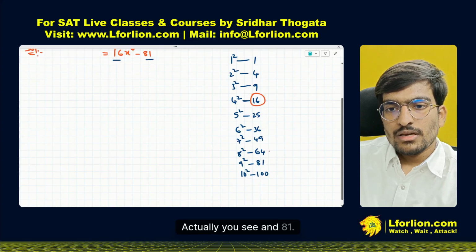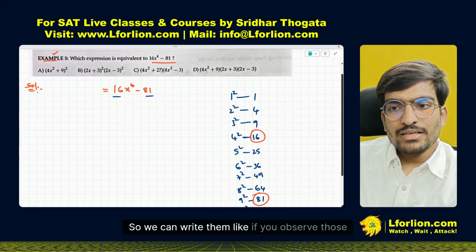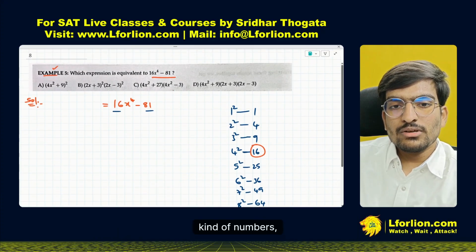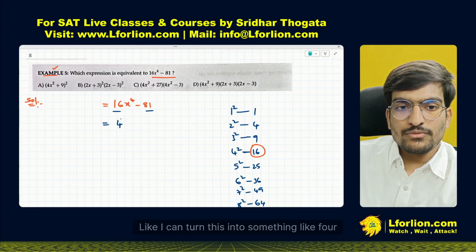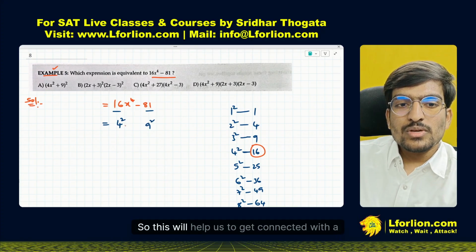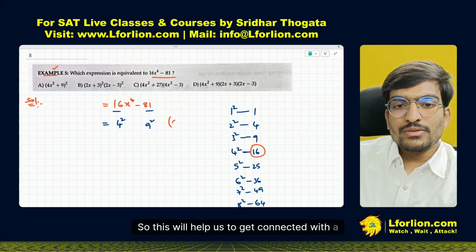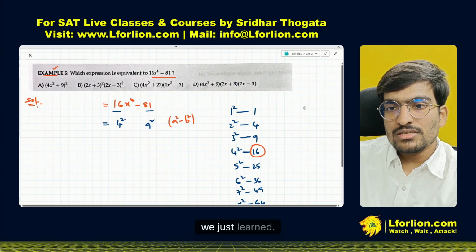If you observe those kinds of numbers, you need to get the idea that I can turn this into something like 4 square, and this can be 9 square. This will help us connect with the a square minus b square formula, the third one we just learned.